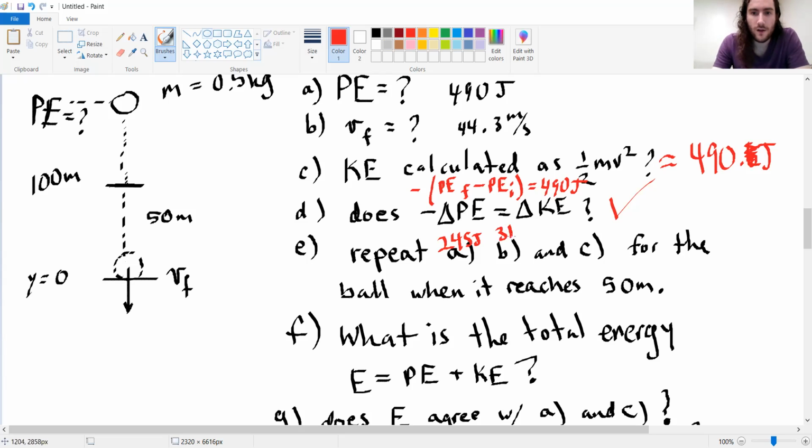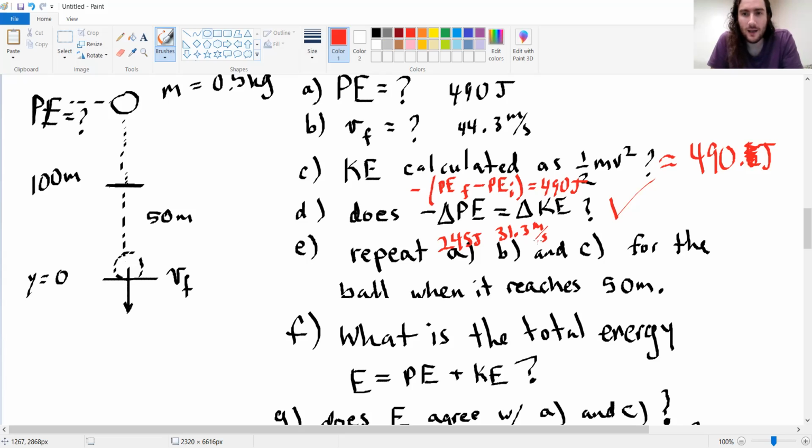You get roughly 31.3 meters per second. Notice that's not half of the velocity. That is 1 over square root 2 of the velocity, so divide the velocity by roughly 1.4. And it has to be that way because the displacement goes like t squared, and the velocity goes like t times the acceleration.